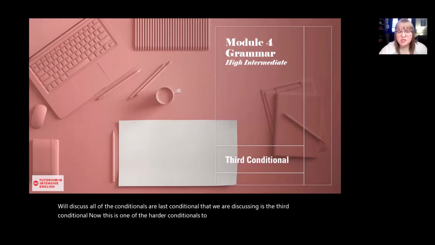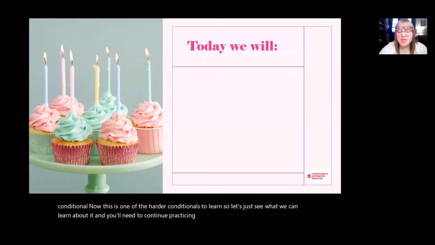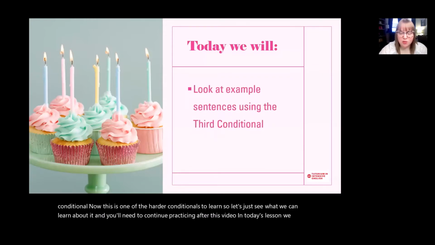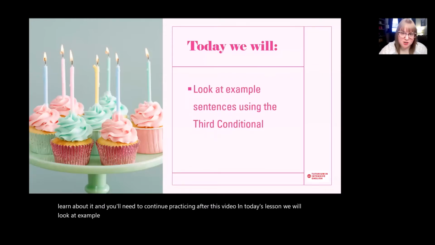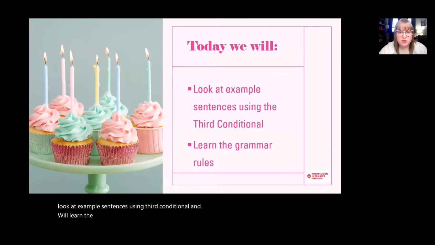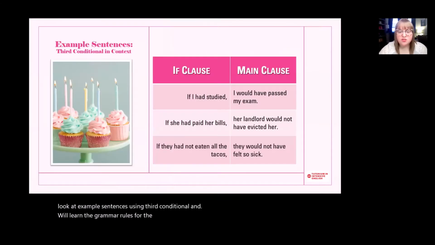So let's just see what we can learn about it, and you'll need to continue practicing after this video. In today's lesson, we will look at example sentences using third conditional, and we'll learn the grammar rules for the third conditional. So first, let's just look at some of these sentences.